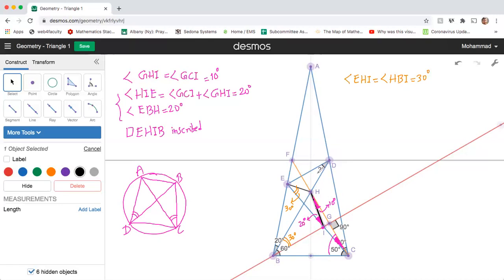All right, we're getting closer to our goal here. The next step in the process of the solution is to figure out what this angle is. Now we note that actually this line FG goes through H. So the sum of FHE and EHI and IHG must be 180 degrees.